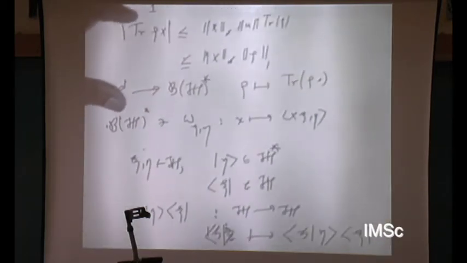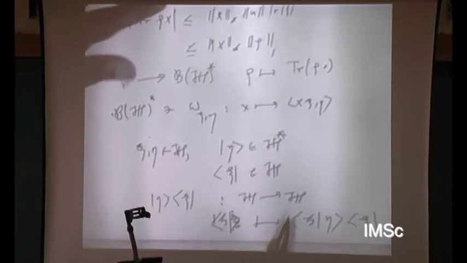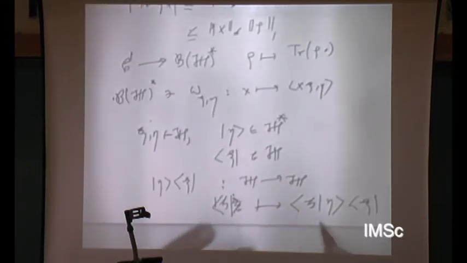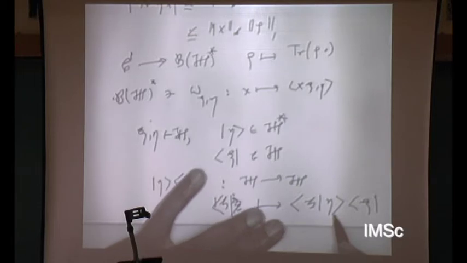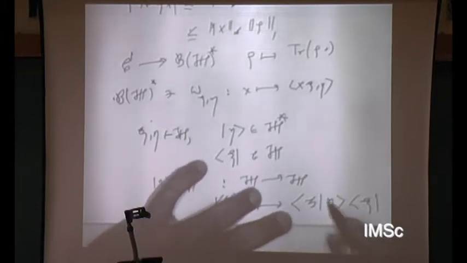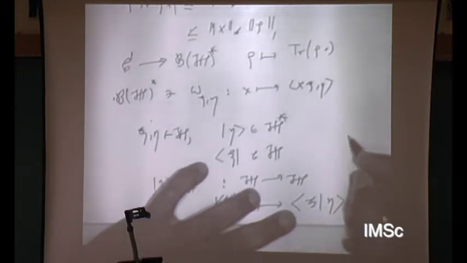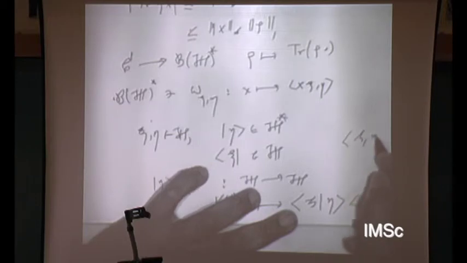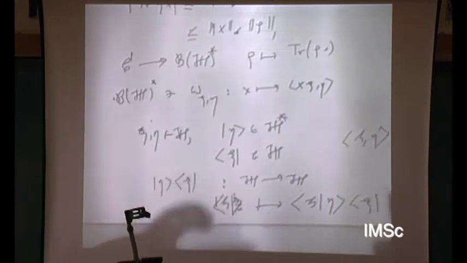So what is the definition of this? Then this is the way they write the inner product. So far I've been writing inner product like this. Physicists, rather than writing a comma in the middle, will write a vertical line.